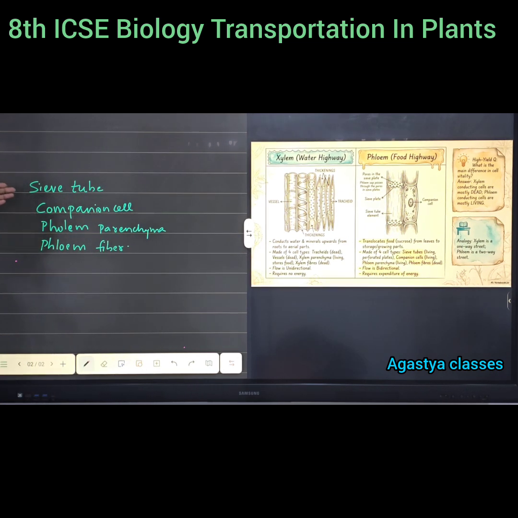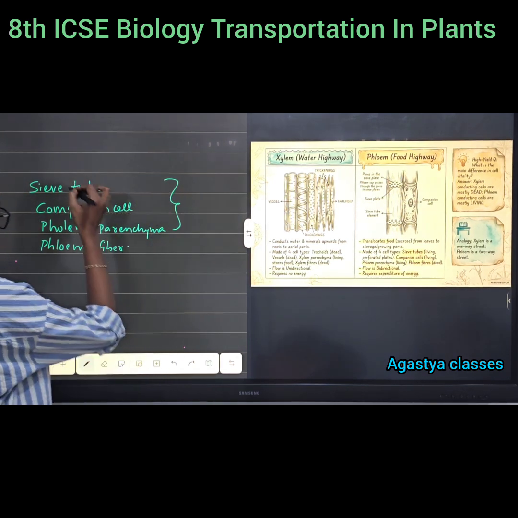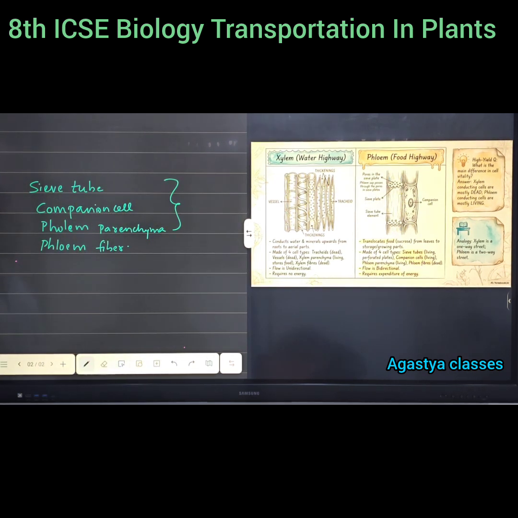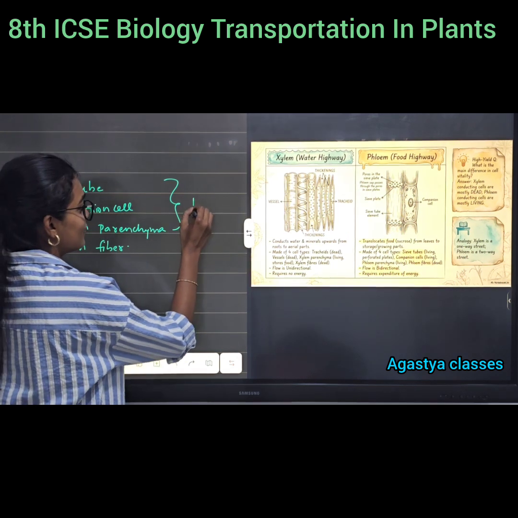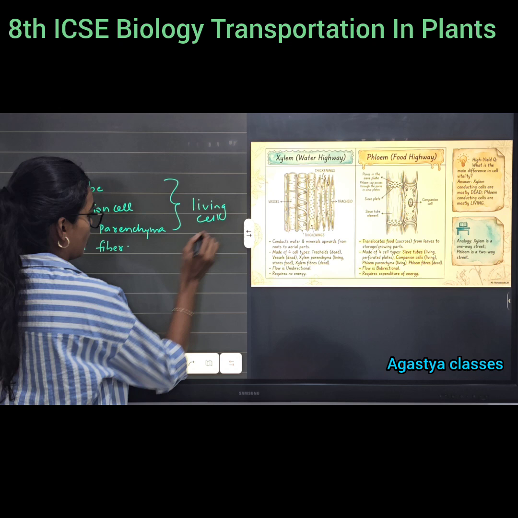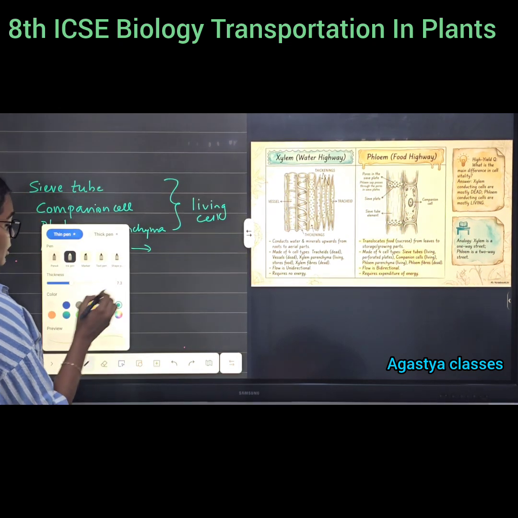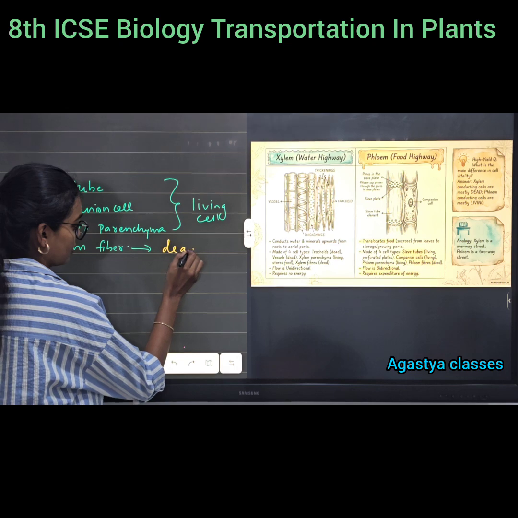If you look into these cells, the first 3 cells, sieve tube, companion cell, phloem parenchyma, are living cells. On the other hand, phloem fiber is a dead cell.